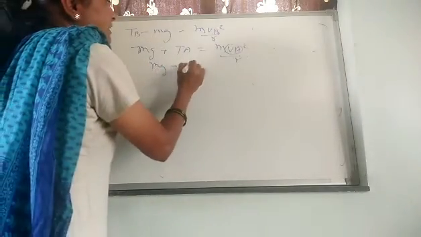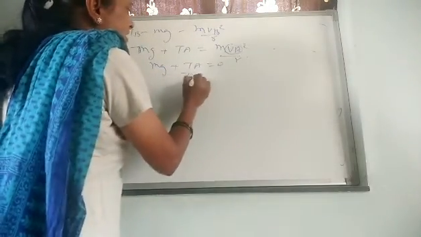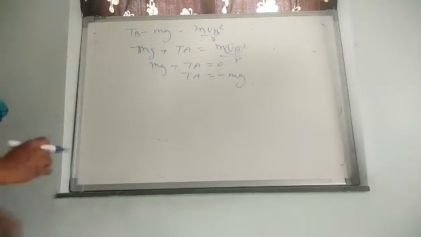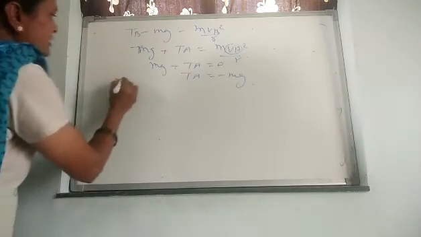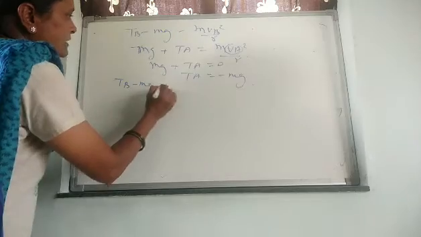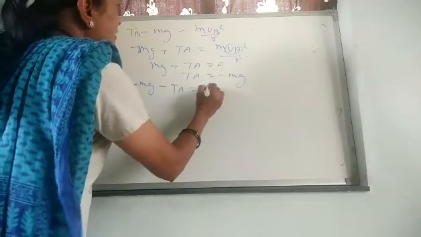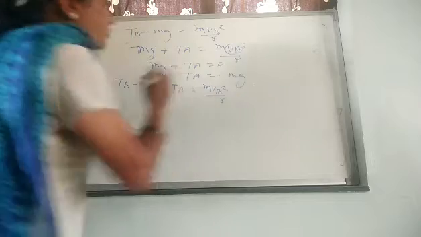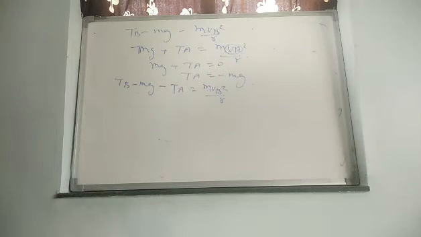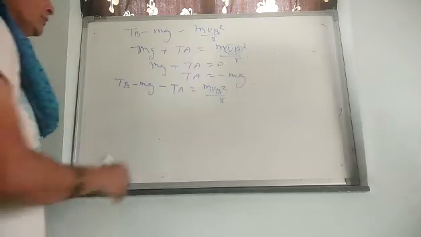Therefore mg plus Ta is equal to 0, that is Ta is equal to minus mg. Now subtracting, Tb minus mg minus Ta is equal to mvb square upon r.